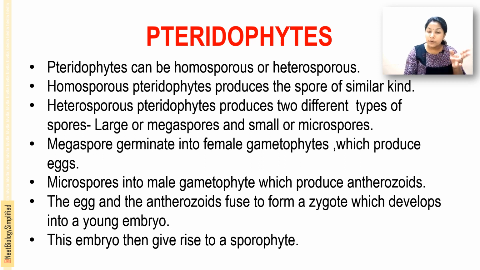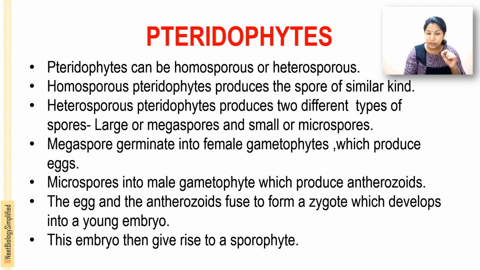Megaspores develop into female gametophyte. In the previous slide, we said that the spores germinate to form the gametophyte. Right, here megaspores germinate into female gametophyte which produces the egg. Microspores develop into male gametophyte which produces the androzoids.